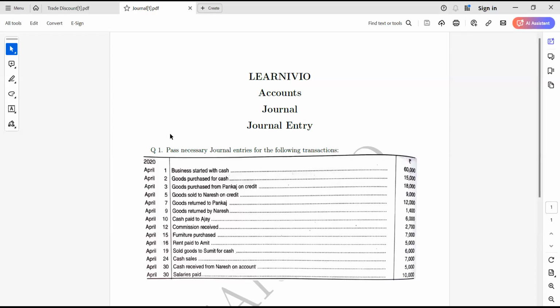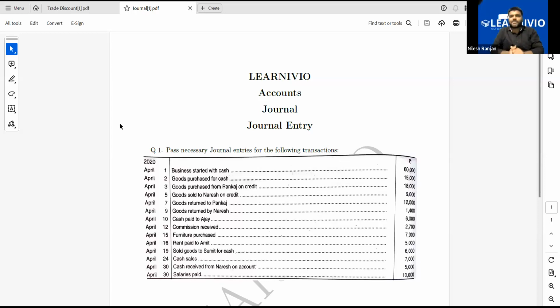You have to see which two accounts are given in the transaction. So salary account debit to cash account. But cash is basically going from us, so how will this be debit?